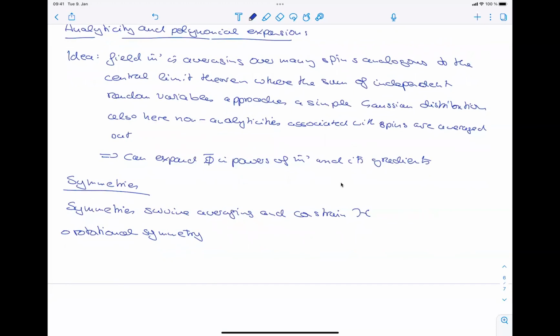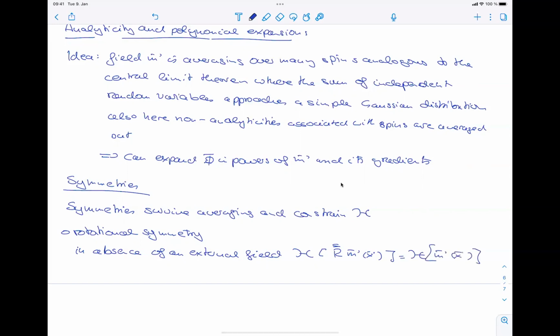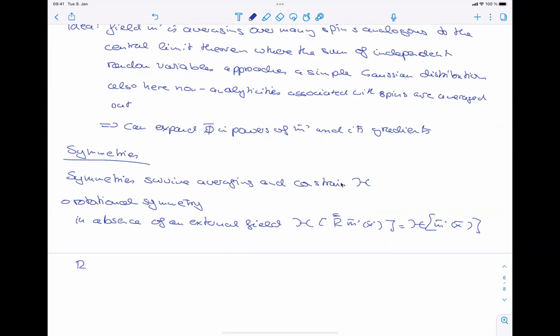For spin systems, in the absence of an external field, which would break this rotational symmetry, if I rotate the magnetization by a matrix, indicated with these two dashed lines, the Hamiltonian should be exactly the same as the one for the unrotated magnetization, because it shouldn't matter from which direction I'm evaluating the system. Here this is an n-dimensional rotation.